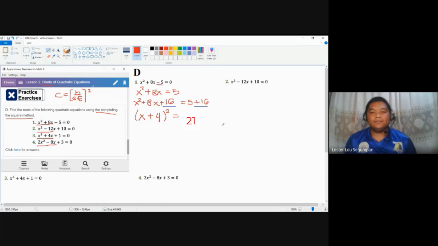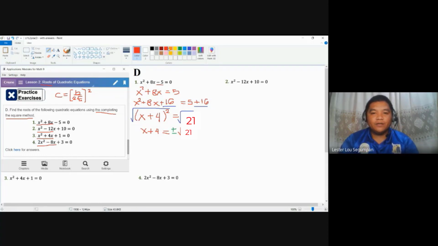Looking at this process, this will use the first method of solving roots, which is taking the square root of both sides. So x plus 4 is equal to, when we take the root, always consider the presence of positive and negative, plus or minus the square root of 17. Then we subtract 4 from both sides.